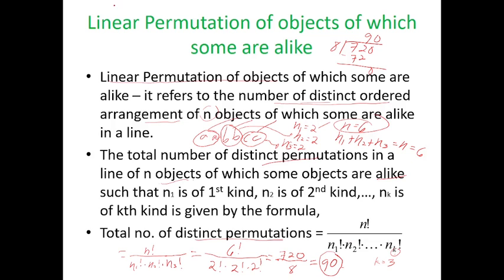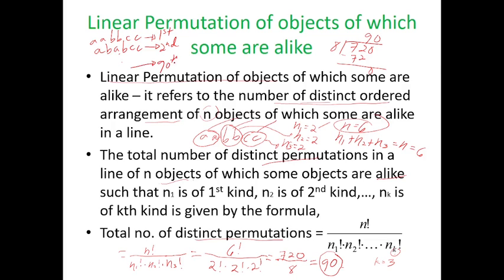So one of them is this one: AABBCC. That's the first one. Then we have ABABCC, and that's the second one, up to the 90th.